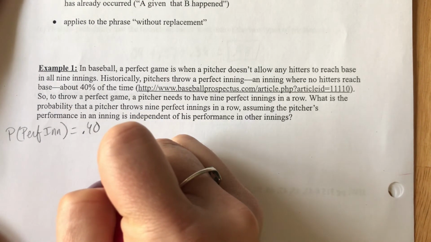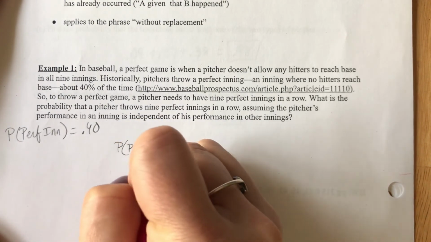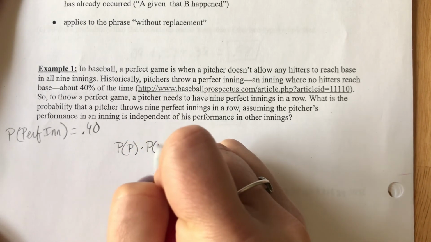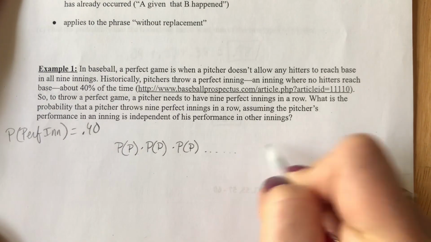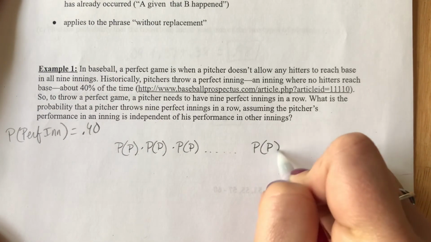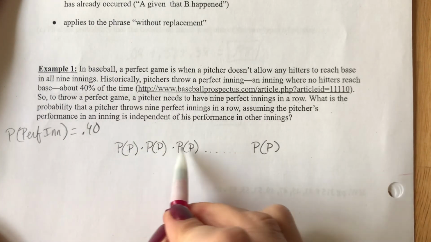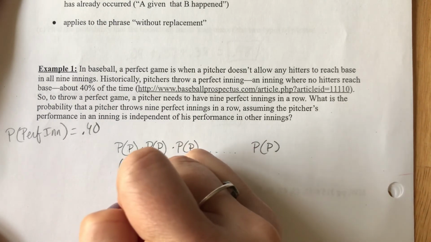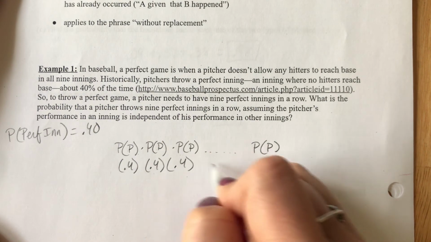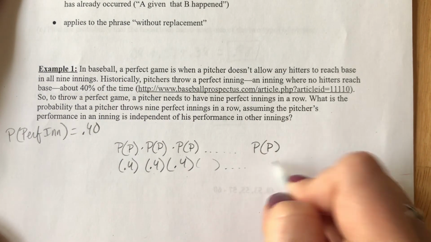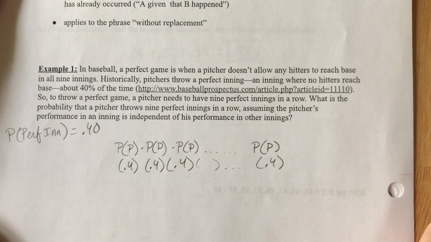It's the probability that the first is perfect, and the second is perfect, and the third is perfect, all the way up to the 9th is perfect. So it's 9 of these multiplied together. So it's 0.4 times 0.4 times 0.4 and so forth, all the way up to the 9th 0.4.